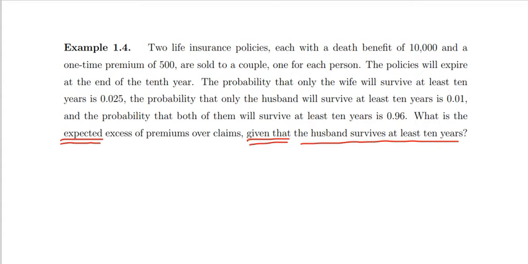So this problem says we have two life insurance policies, each with a death benefit of this, and a one-time premium of this. So the premium for each person is 500, sold to a couple, a husband and wife.